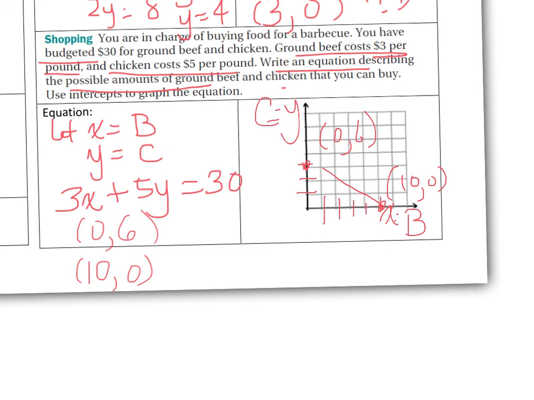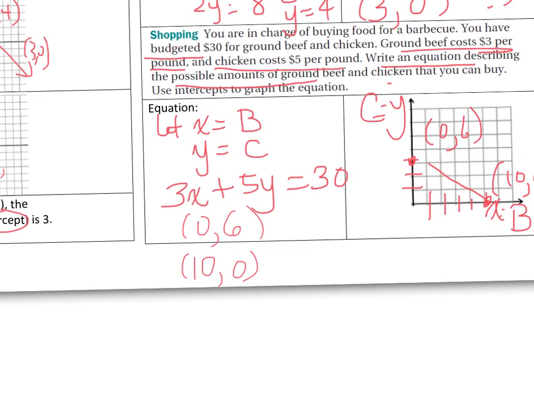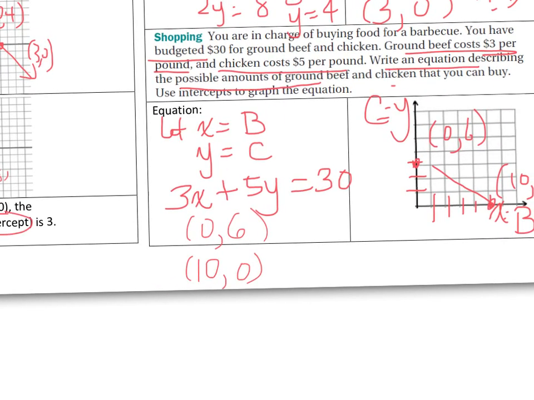To find a third possible combination, I can let x equal 5. Okay, if I sub in x for 5, I would get y equal to 3.